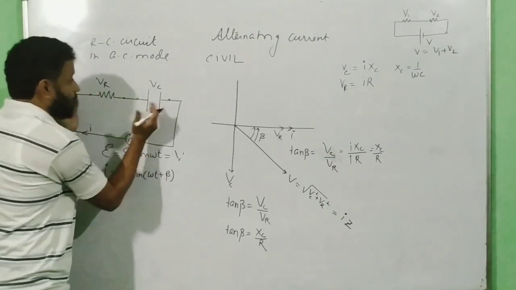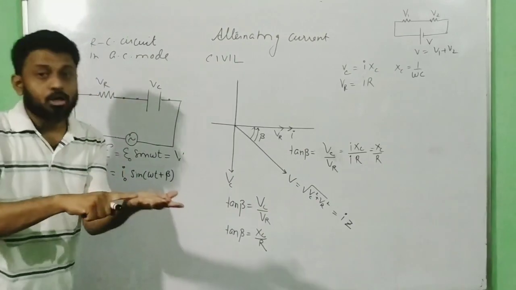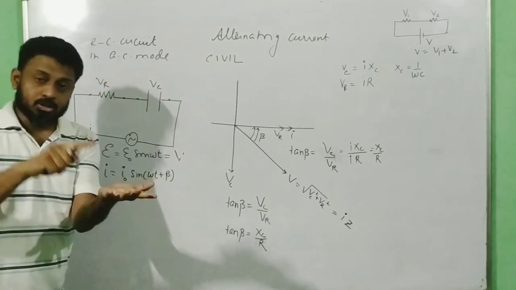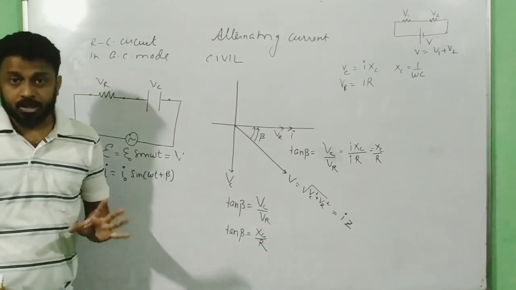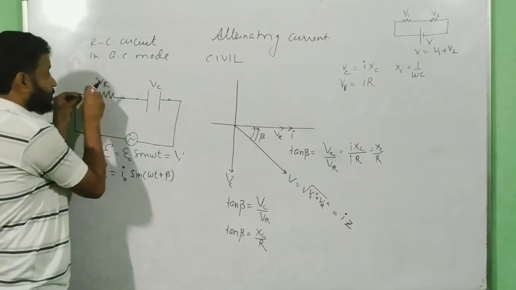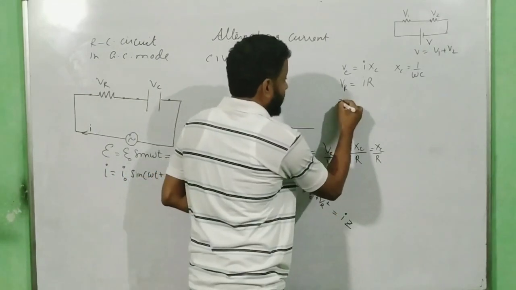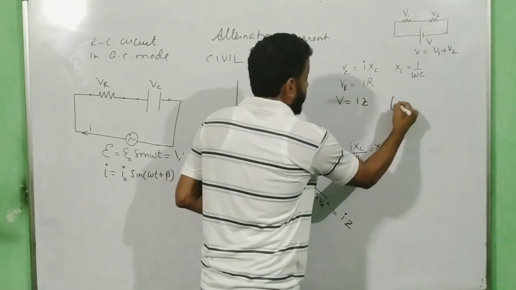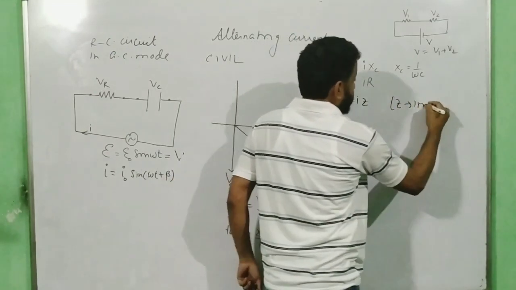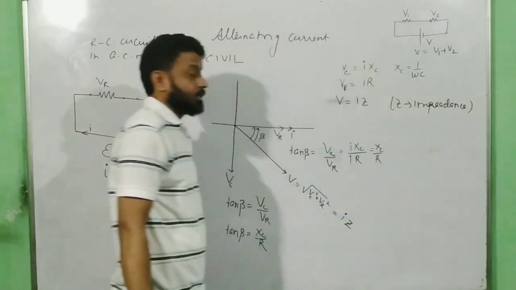So the net of this is not called resistance, and is not called reactance. Because reactance is only for capacitive, it is only for inductance. But if you are finding the net of R and XC, it has a new name. So the new name is Z. I will write here: V is equal to I times Z, where Z is called impedance. It's called impedance. Okay?